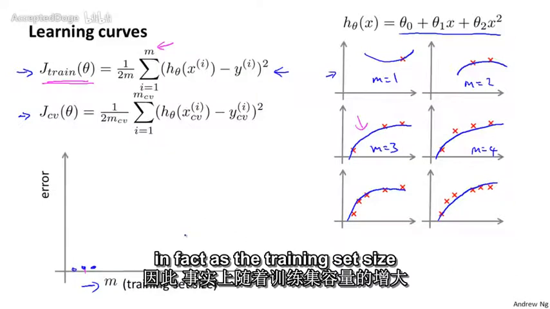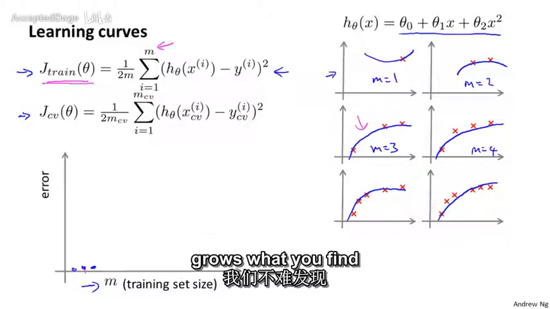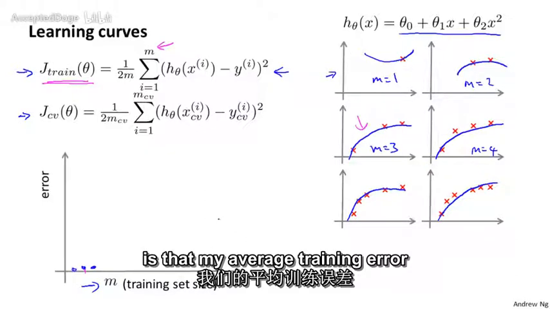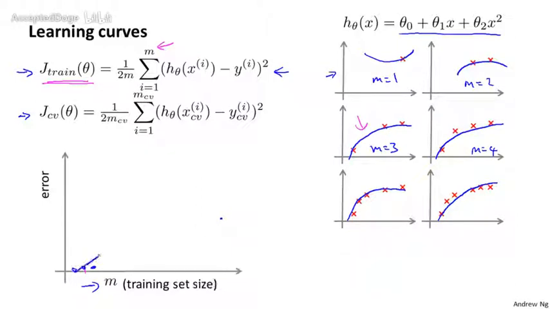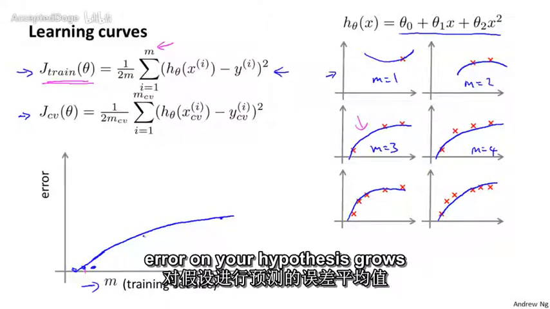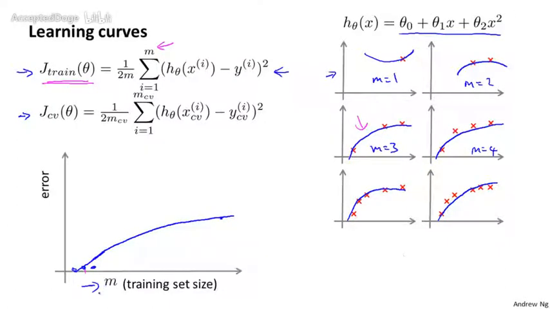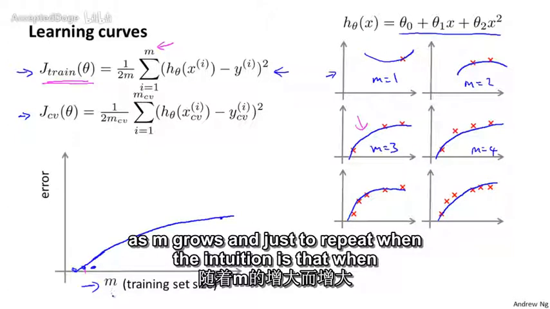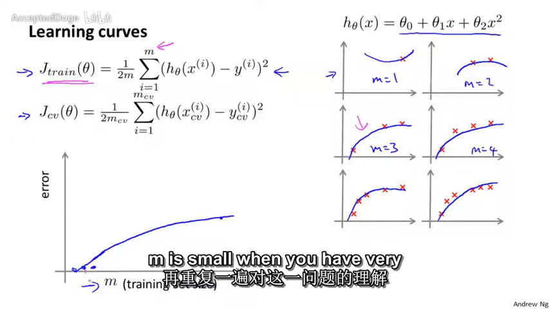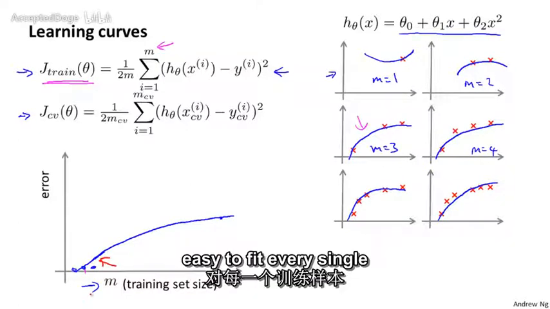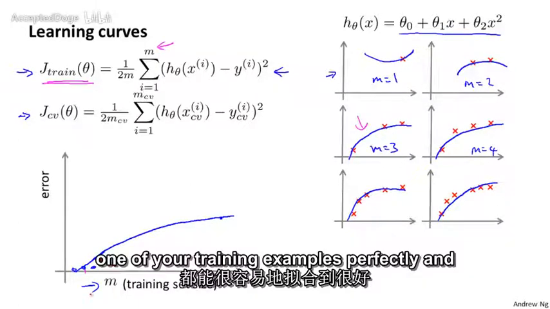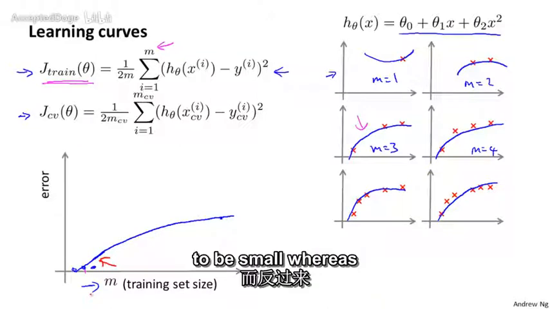So in fact, as the training set size grows, what you find is that my average training error actually increases. And so if you plot this figure, what you find is that the training set error, that is the average error of your hypothesis, grows as m grows. And just to repeat, the intuition is that when m is small, when you have very few training examples, it's pretty easy to fit every single one of your training examples perfectly, and so your error is going to be small.